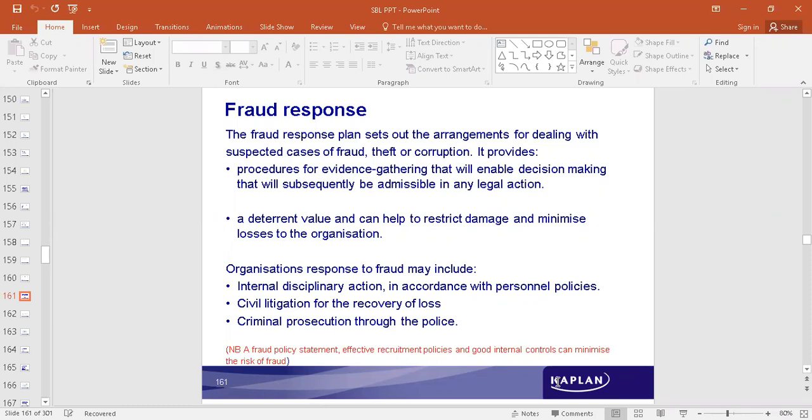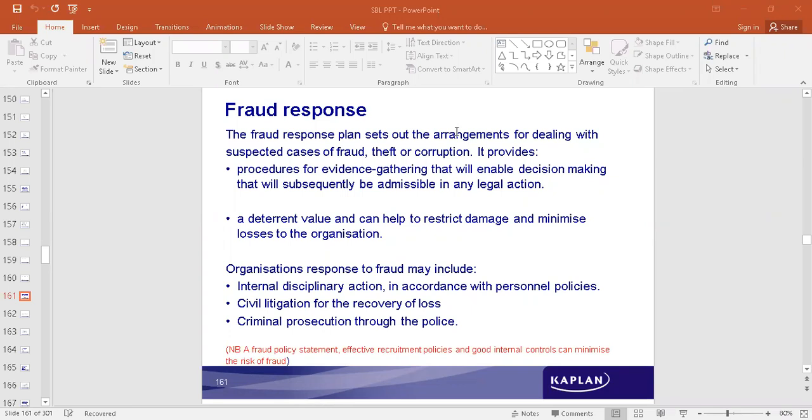So in that case, there is a procedure for evidence gathering that will enable decision making, and that will subsequently be admissible in any legal action. Based on that, the system has to have something wherein they take measures to ensure that such a thing will not happen again in future.